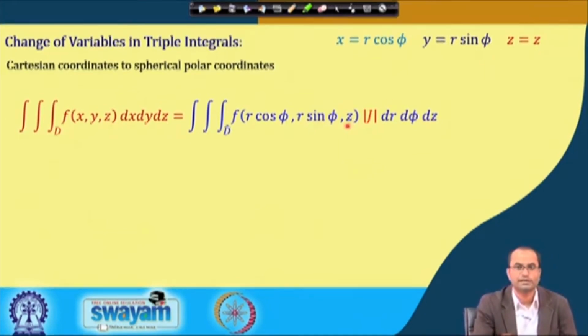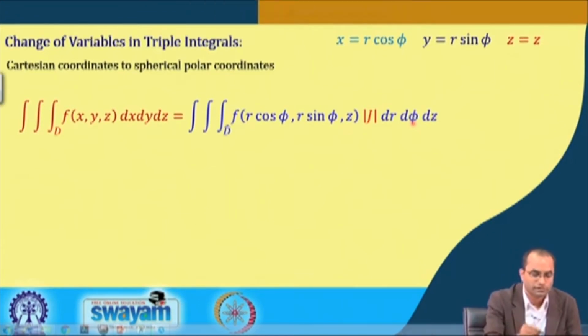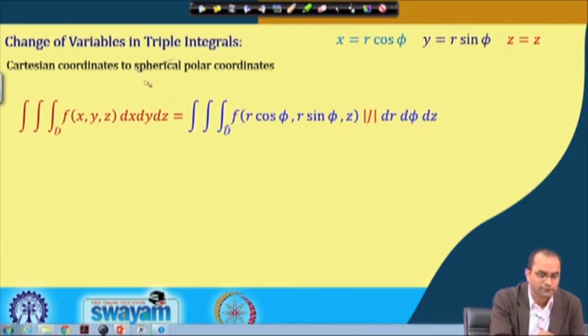So, it remains z, and then this Jacobian term will come again, and dr d phi dz instead of dx dy dz, because our variables are r, phi and z now in case of the cylindrical coordinate. So, this is the cylindrical, not the spherical one, but the cylindrical coordinates.